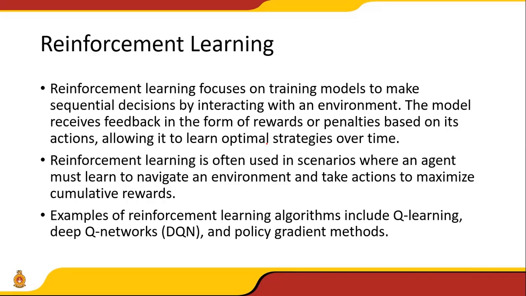So some of the examples we have, most popular is Q learning, very very popular. But most of the time, rather than doing this reinforcement, we directly jump into neural networks and stuff because it's much easier than reinforcement learning. But you should understand how this reinforcement learning works in different places.